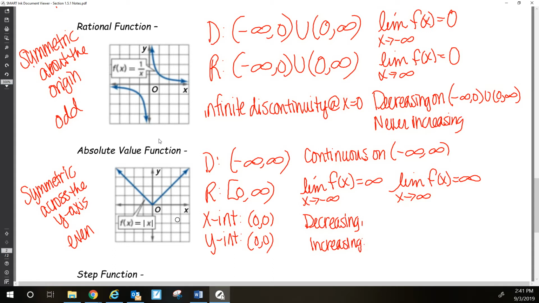So as I go from left to right, this graph is going up or down between negative infinity and 0? It's decreasing between negative infinity and 0. And going from 0 to infinity, my graph is increasing. All right, I feel like I'm missing maximums and minimums. We don't have an absolute maximum, but we do have an absolute minimum, right? And where is that at? (0, 0).